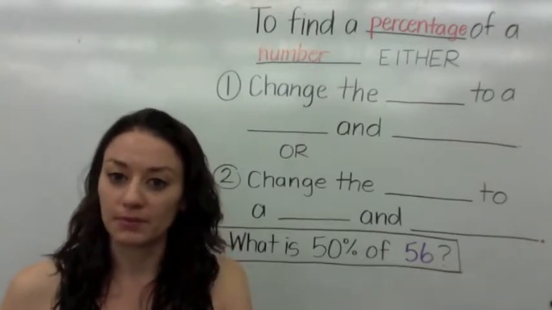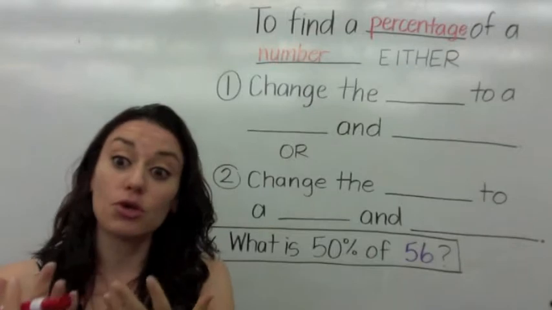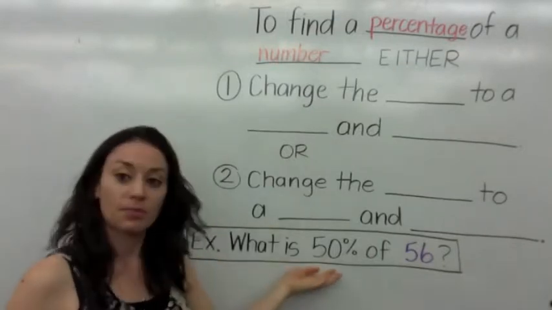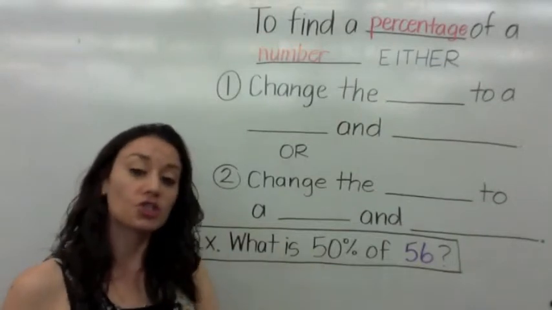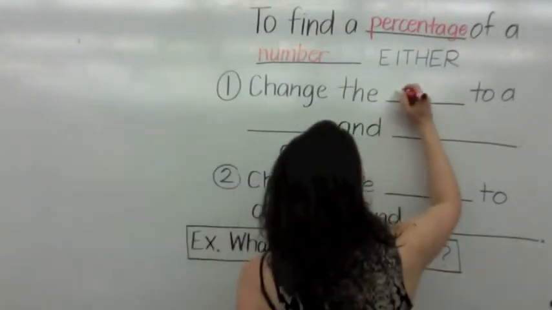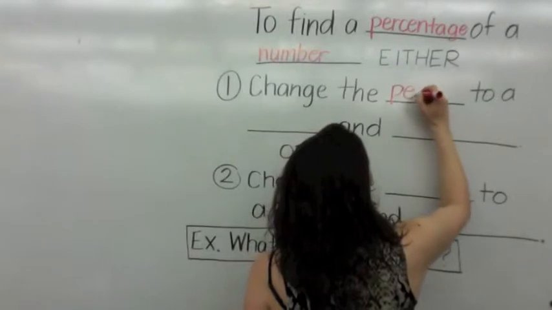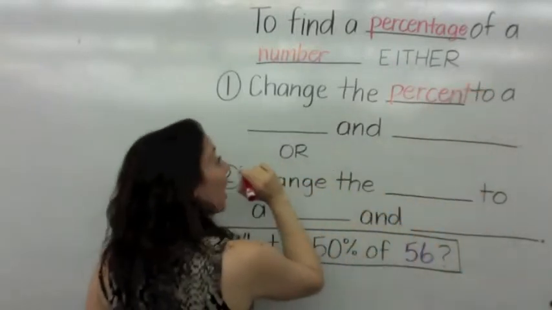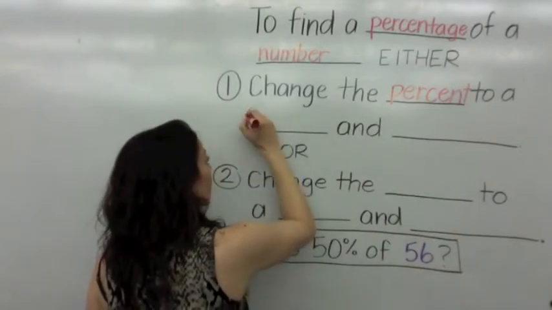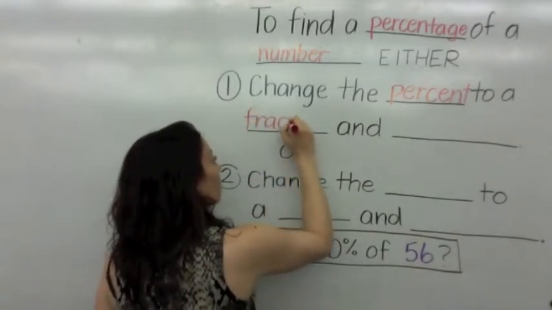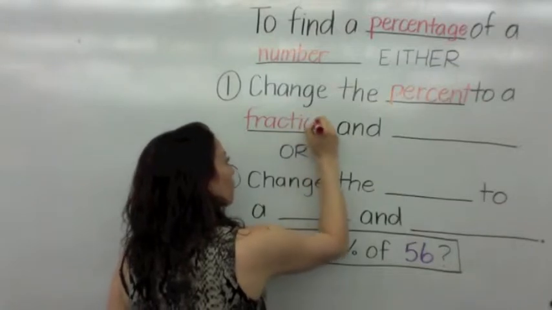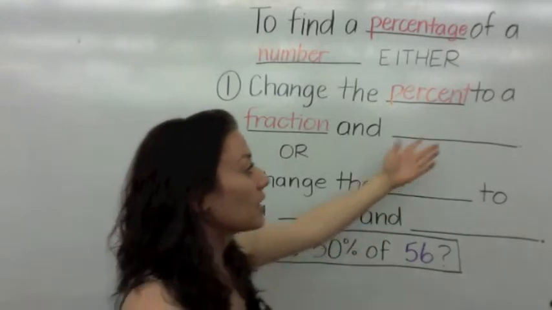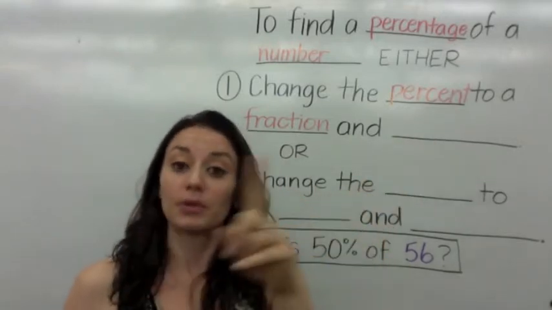Option number one, if you know the fraction that represents the percentage, you could change the percentage to a fraction, and what you're going to end up doing is dividing, although you're multiplying by a fraction.